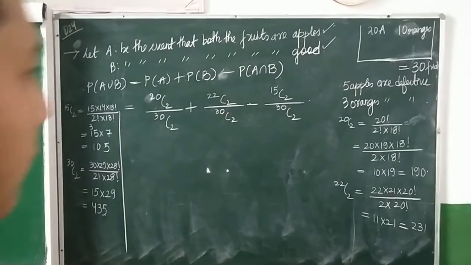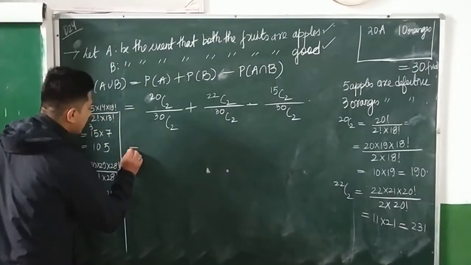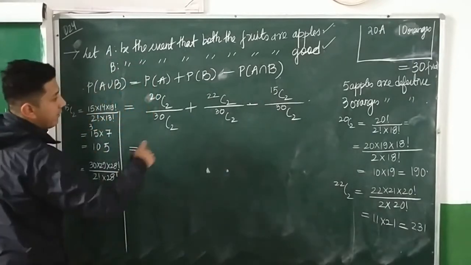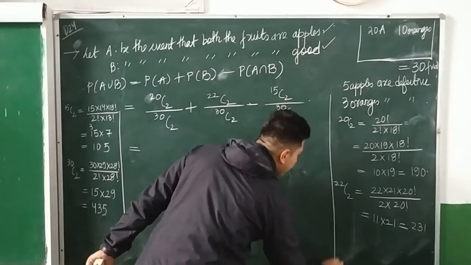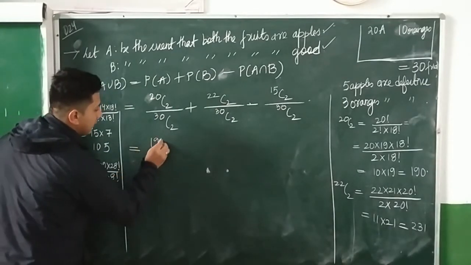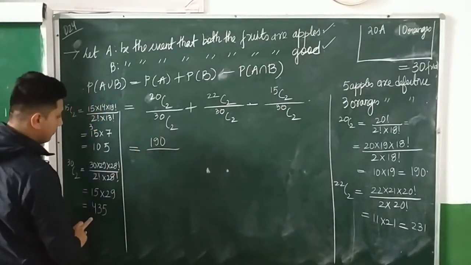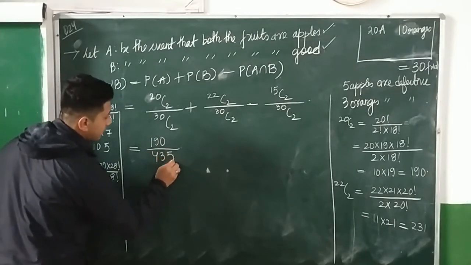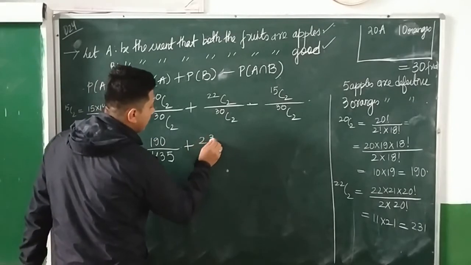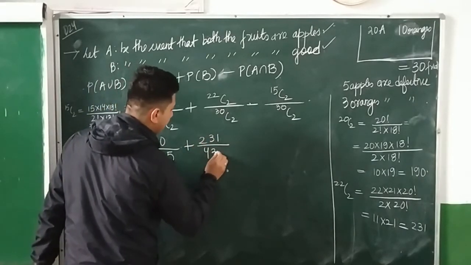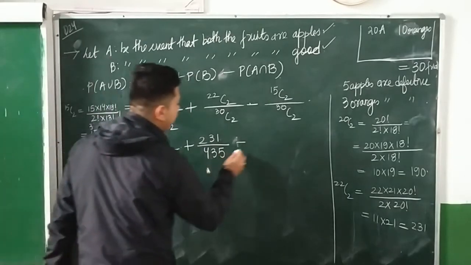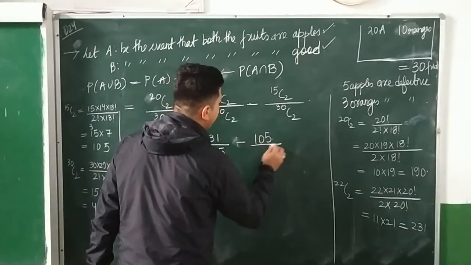So therefore, 20C2 is 190 divided by 30C2, 435, plus 22C2 is 231 divided by 435, minus 15C2, 105 divided by 435.